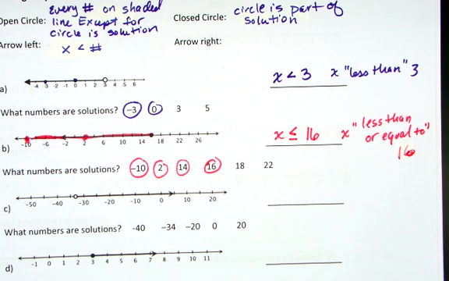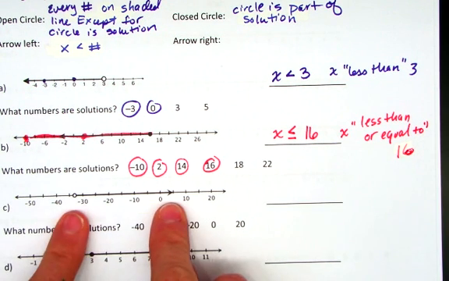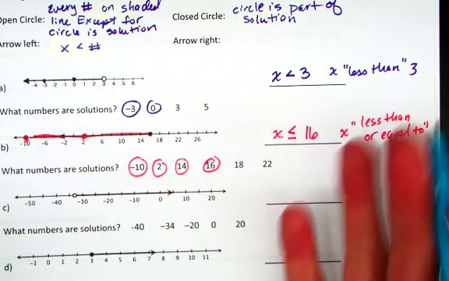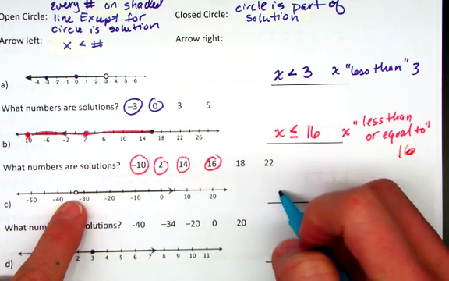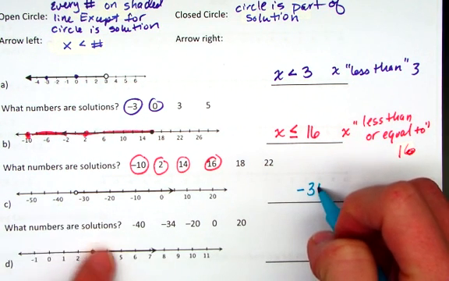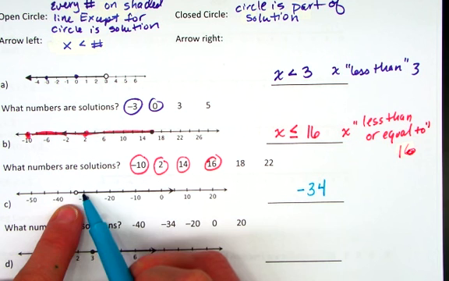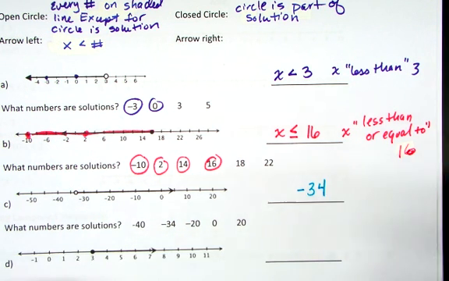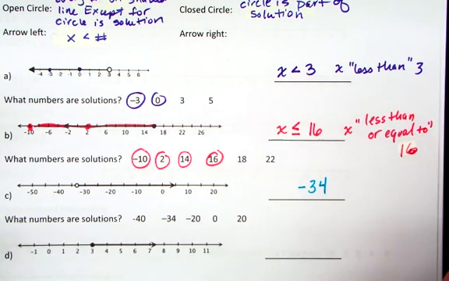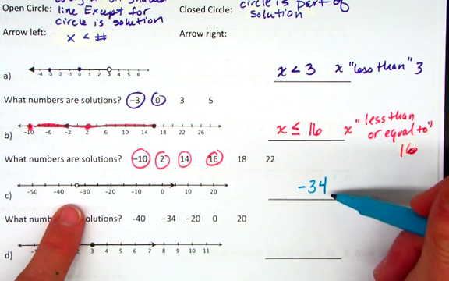Okay, so next, notice how I have an arrow going to the right. So what happens is I look for my initial point. Oh, okay, here it is at -34. So I have -30, -35, -40. So this is -34. If you said for some reason -33, that's fine. So we have -34.